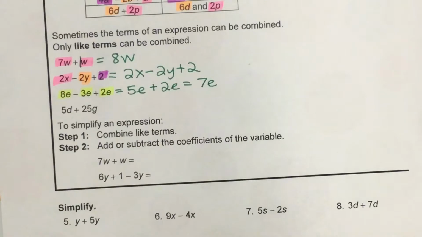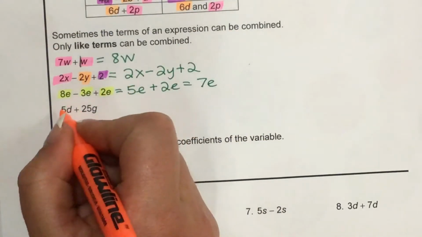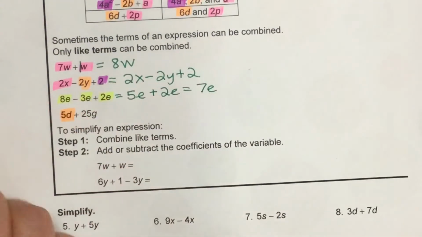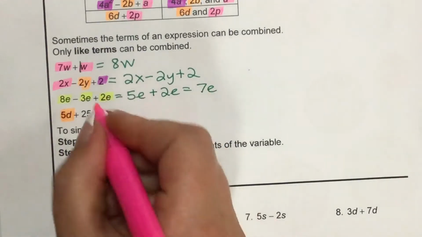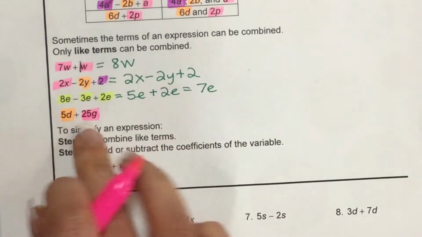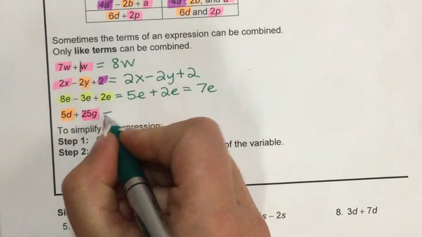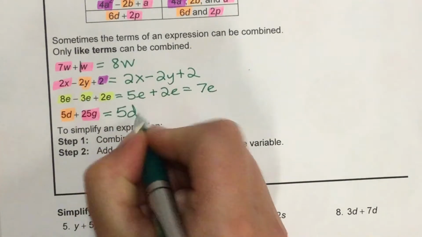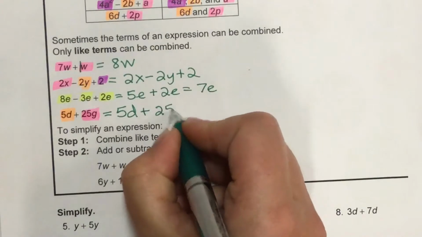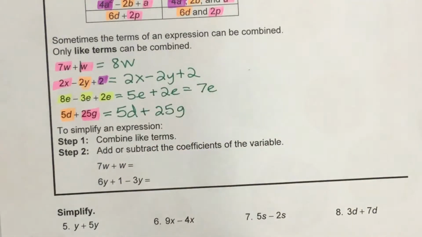This last one here, we have 5d plus 25g. Now those two have a d and a g, so those aren't like terms, so we can't combine them, so we just have to leave it as it is. So 5d plus 25g. Okay?